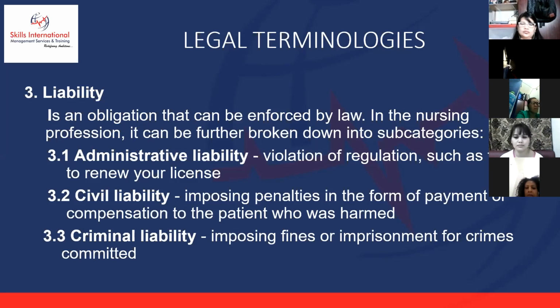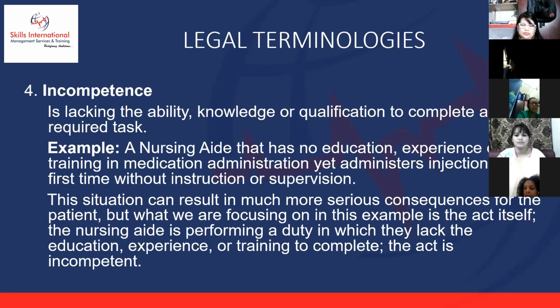Number four is incompetence. It is the lacking of ability, knowledge, or qualification to complete a required task. So incompetence means the opposite. You are not competent enough to do whatever task you are supposed to do.